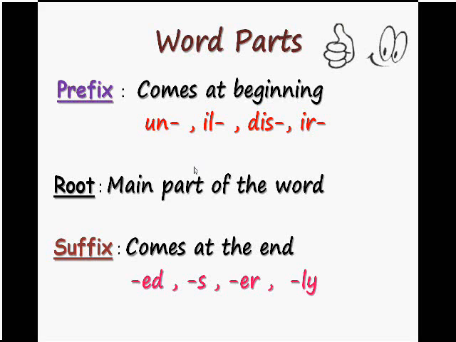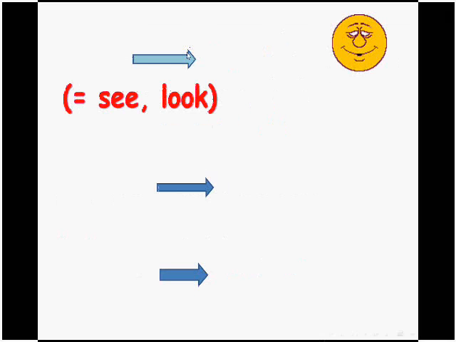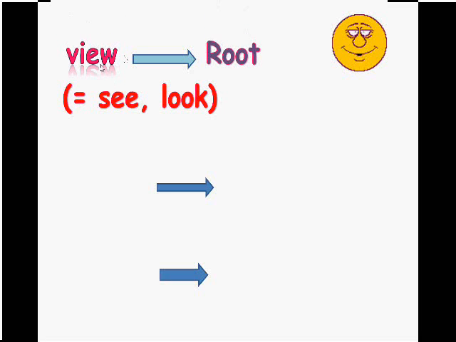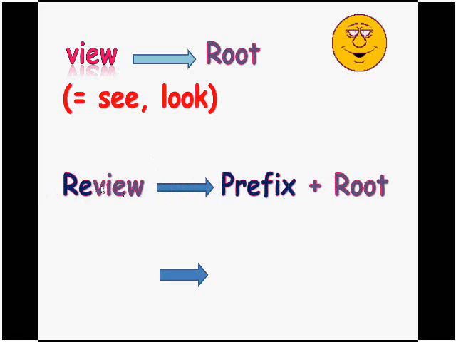Let's look at more examples. Like the word view, this is the root, and it means see or look. Okay? Then, if I have review, this has a prefix, which is re, and the root, which is view. So this is another word I can derive from the root or the main verb, which is to view something.